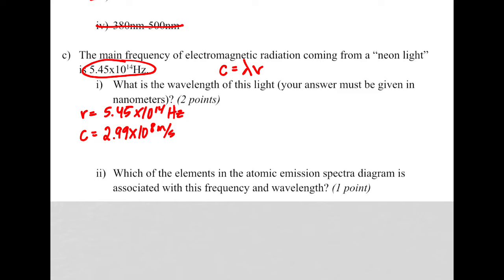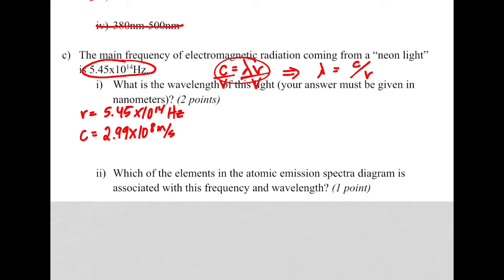If we rearrange this equation to solve for wavelength, we would divide both sides by frequency, and we get that wavelength equals speed of light divided by the frequency. So then we just need to plug in these two values that we have here and solve for our wavelength first in meters.